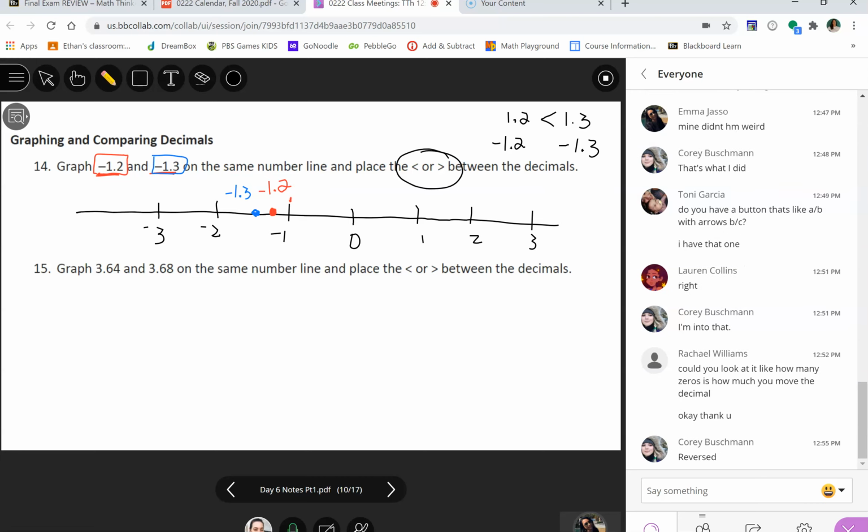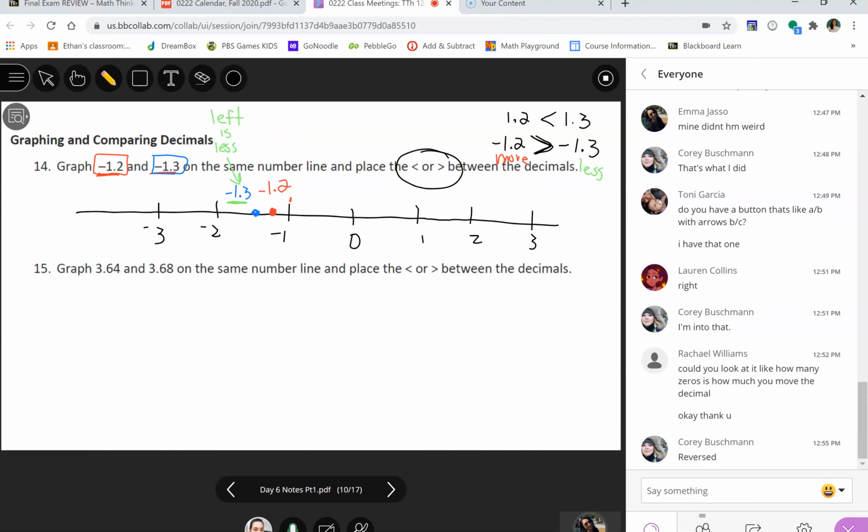It flip-flops it. -1.3 is more negative, and the one to the left is less. So the 1.3 is less, the 1.2 is more. The closer to 0 you are on the negative side, the bigger you are. So it flips your sign around.